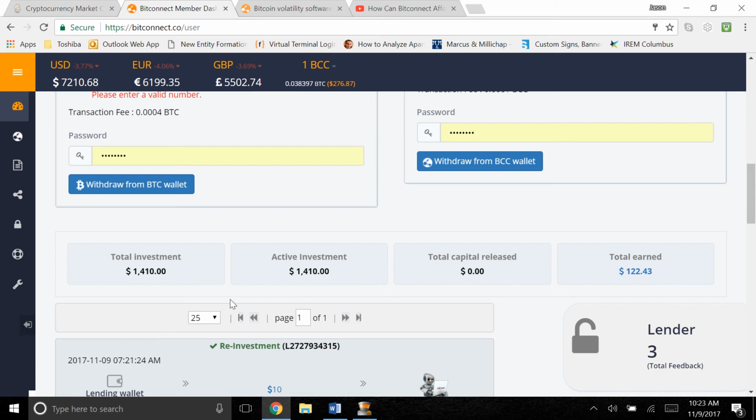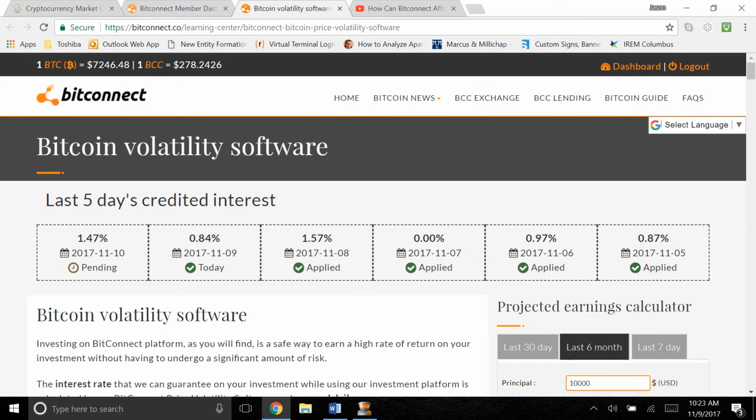So if you just do 1% of what I have invested, I should be making about $14 a day. I'm making more than that most of the time because you see the returns. On the 1,050 loan, this would be 0.97. This would be 1.07. This would be 1.67. So it's more than 1% for the most part, even with a 0 day.